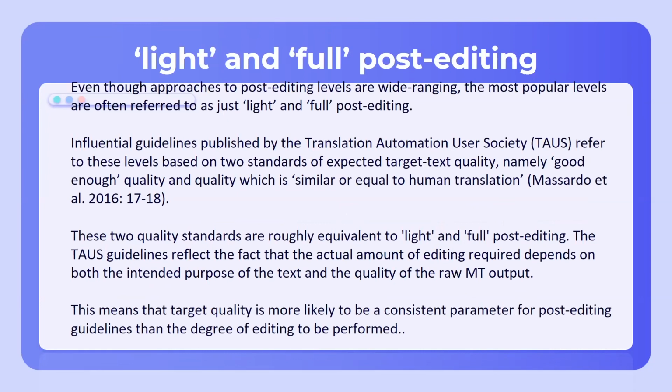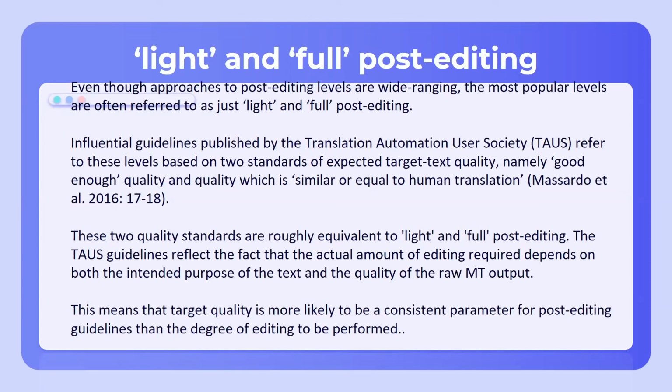So even though there are different approaches, the most popular levels are light and full post-editing. As published by the Translation Automation User Society, the guidelines to these levels will be based on two standards of the expected target text quality: good enough quality and quality which is similar or equal to human translation.